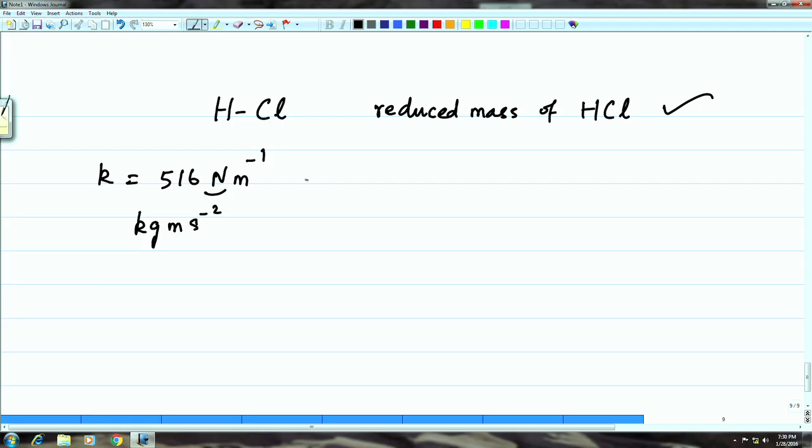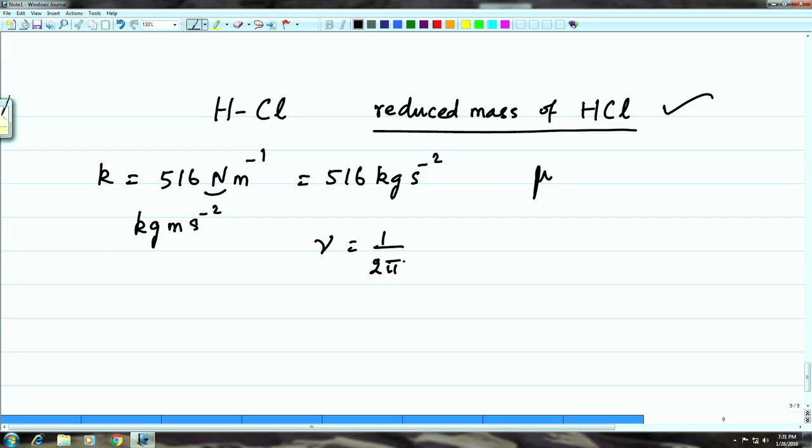Therefore, Newton per meter is the same as 516 kilogram per second square. If we are given this, we also know how to calculate mu from the atomic masses of hydrogen and chlorine. Therefore, we can calculate the harmonic oscillator frequency as 1 by 2 pi times square root of k over mu.